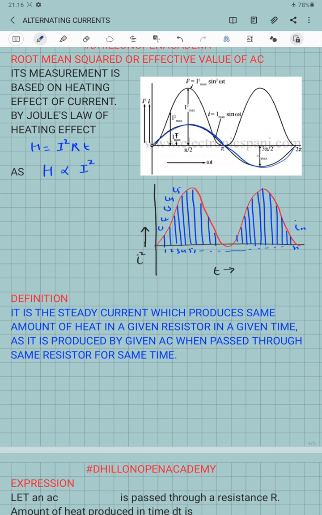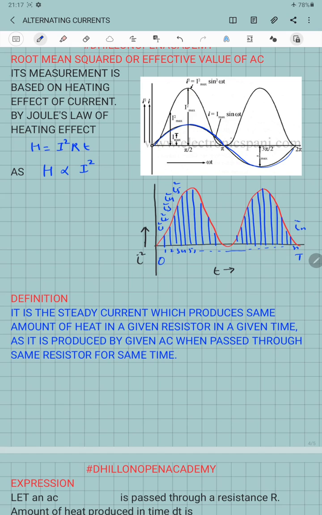Here we are also dividing the total time interval for one full cycle of AC, from 0 to T, the time period, into n equal intervals, such that at each interval the currents flowing at different instants of time are I1 squared, I2 squared, I3 squared, I4 squared, I5 squared, up to In squared.